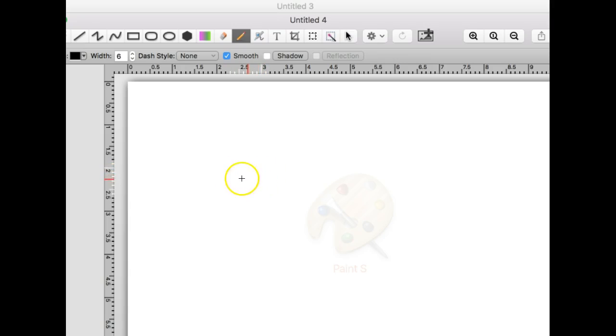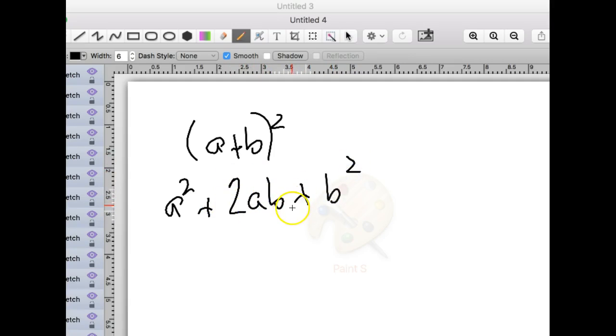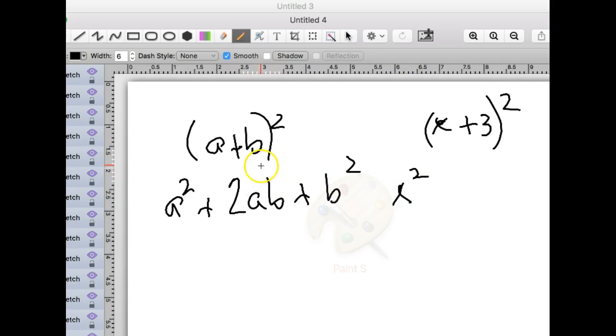Okay, the perfect squares. If I have (a plus b) squared, that is a squared plus 2ab plus b squared, right? So if we have, for example, (x plus 3) squared, in perfect squares this would be x squared, then plus 2 times a times b.